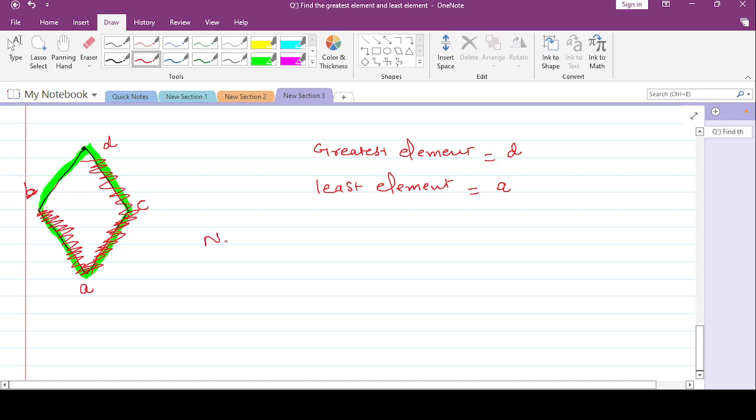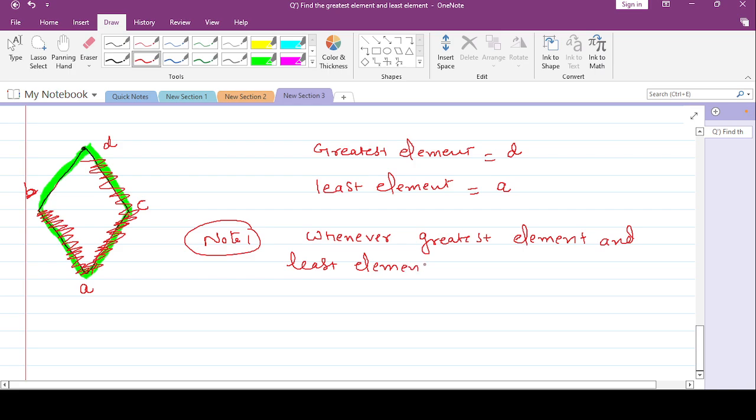Here you people note down one more thing, that whenever greatest element and least element exist, then they are always unique.